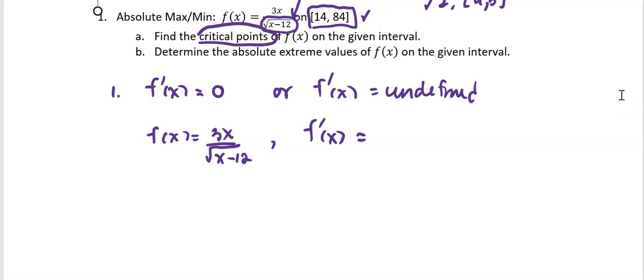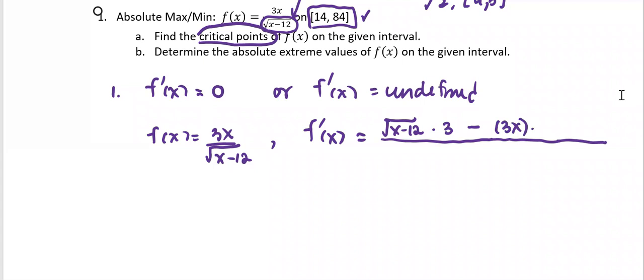So the quotient rule: low d high minus high d low, or the u v version, or the f and g version, whatever version you are comfortable with. Starting with the low, which is the square root of x minus 12, multiplied by the derivative of the numerator, which is 3, minus the numerator, 3x, times the derivative of the denominator.